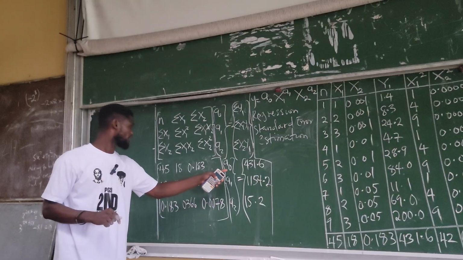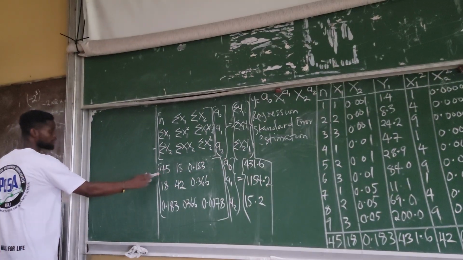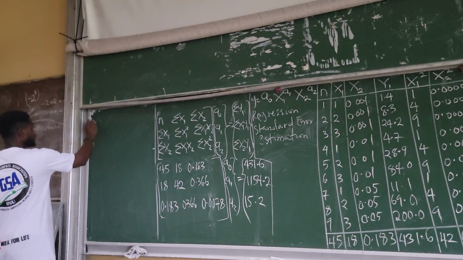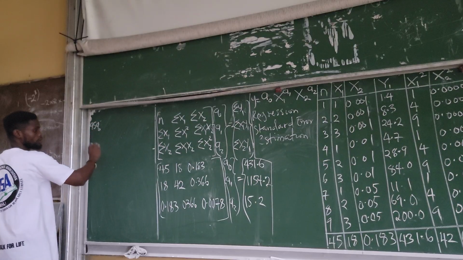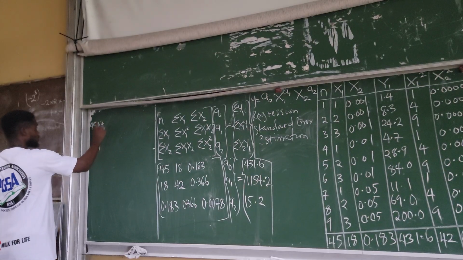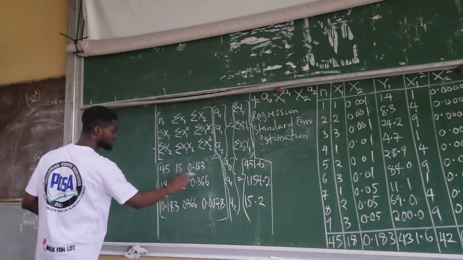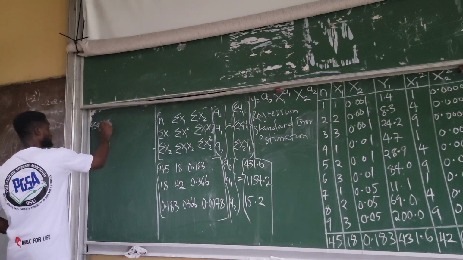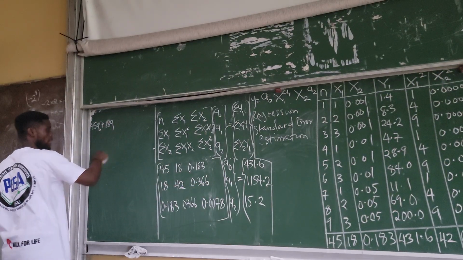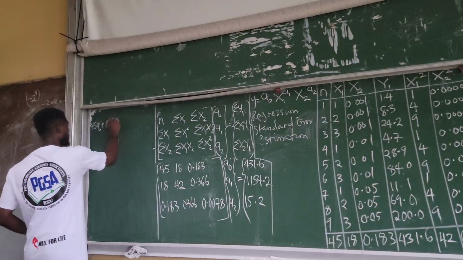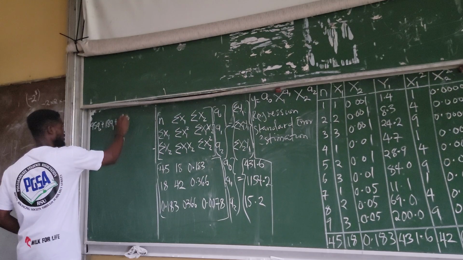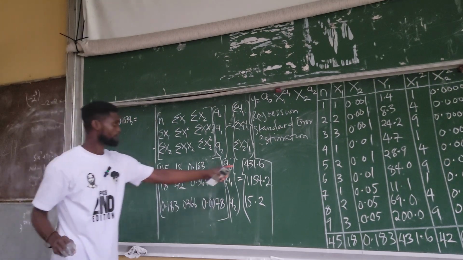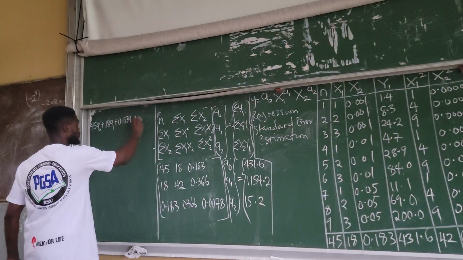So if you do that, 45 times a will give you 45 a0 plus 18 a1 plus 0.183 a2 is equal to 431.6.